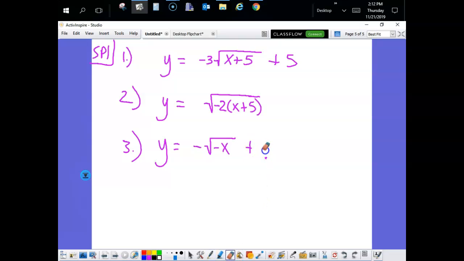That's too big. We don't need to go that big. I'm pointing that. There we go. All right, couple problems for you guys to work on.